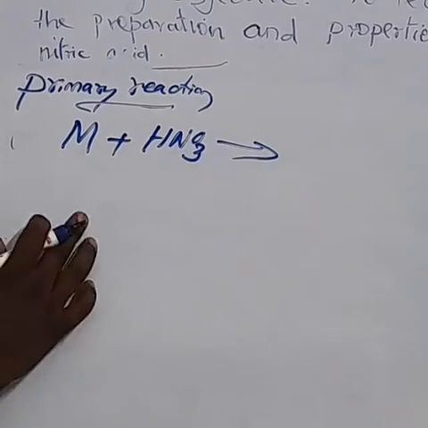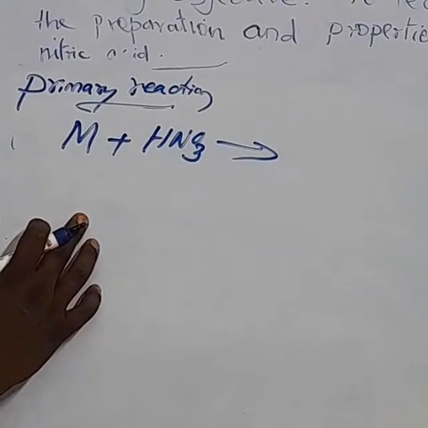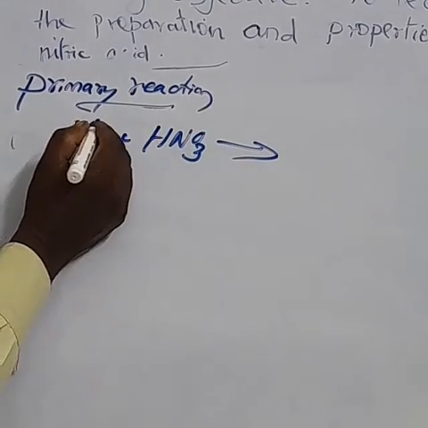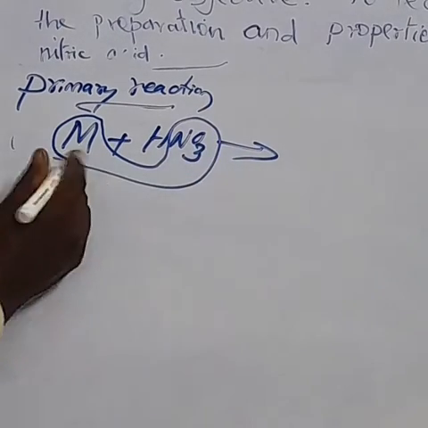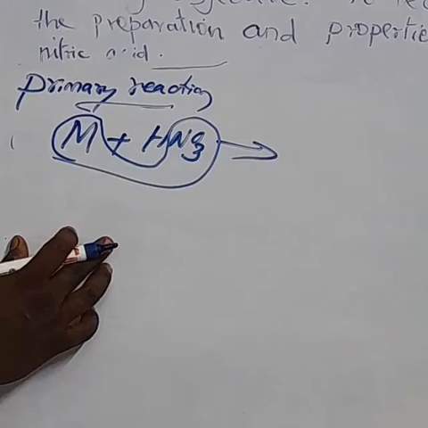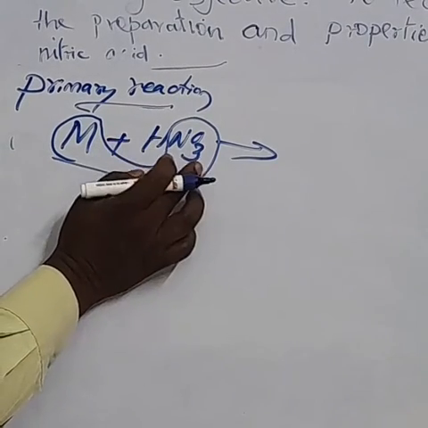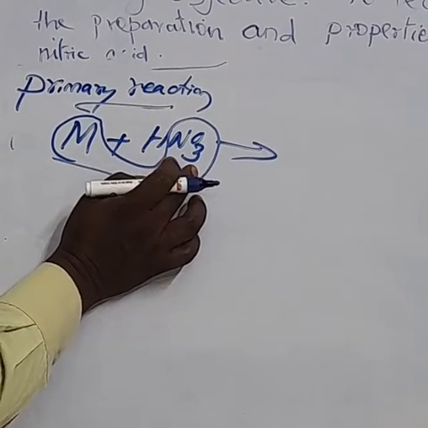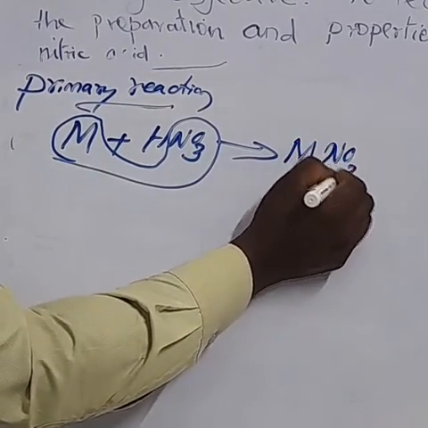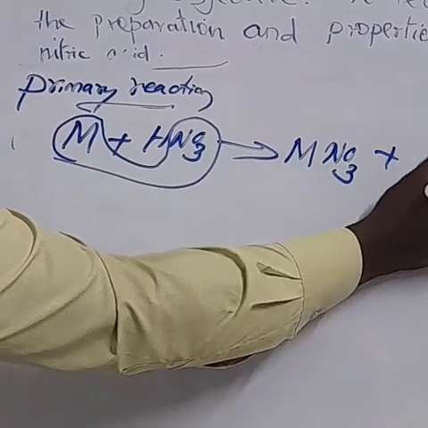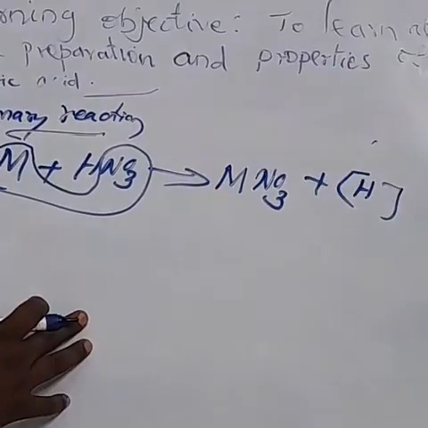So what is the product? The metal combines with NO3 to form a metal nitrate with the evolution of nascent hydrogen. This is the first one.